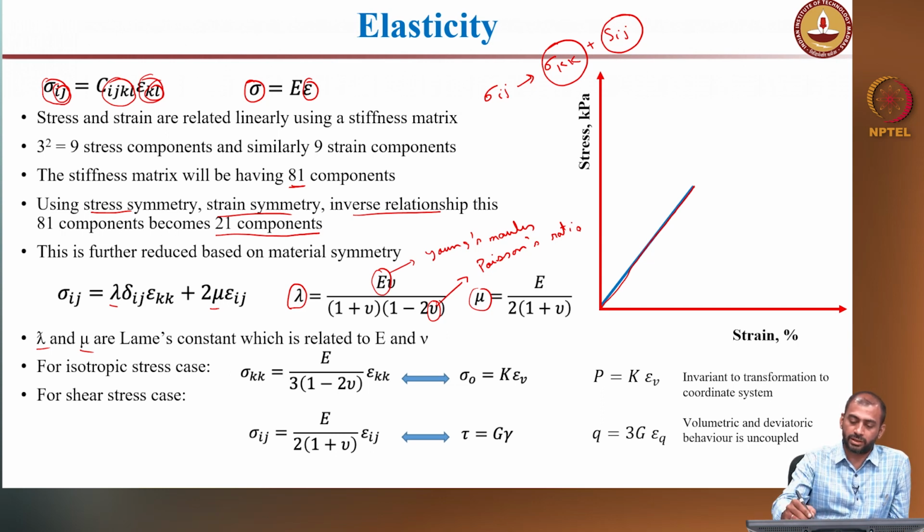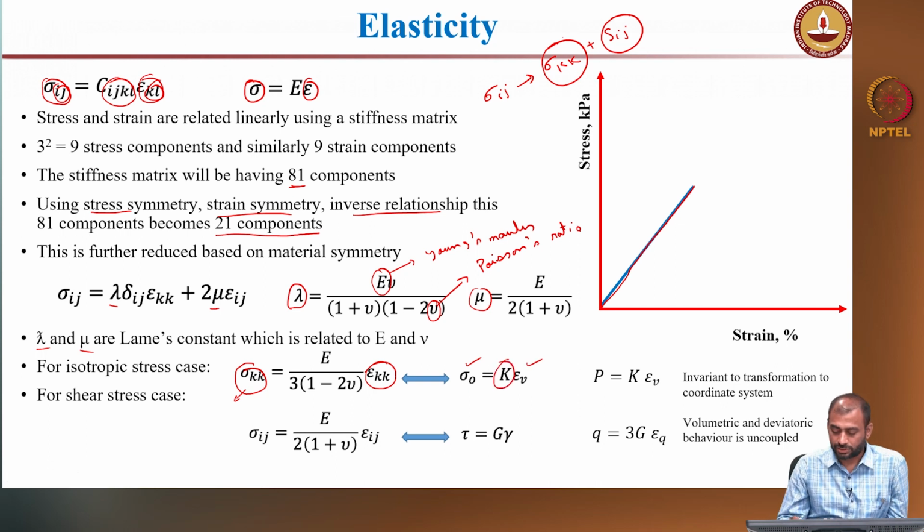If you want to relate the volumetric part of the stress to volumetric strains, sigma kk is your volumetric stress, and epsilon kk is your volumetric strain. If you want to relate the volumetric stress and volumetric strain, you have a constant which is called the bulk modulus. If you want to relate the shear stress versus shear strain, you have the shear modulus.